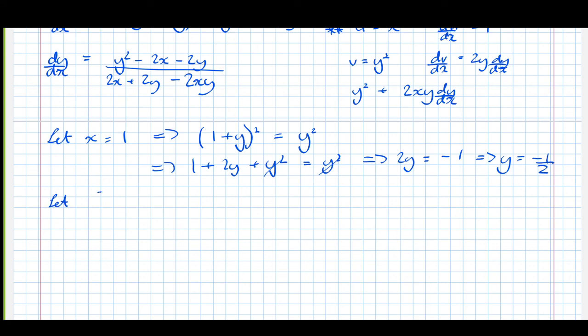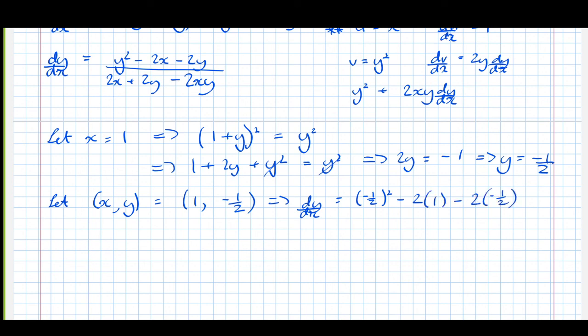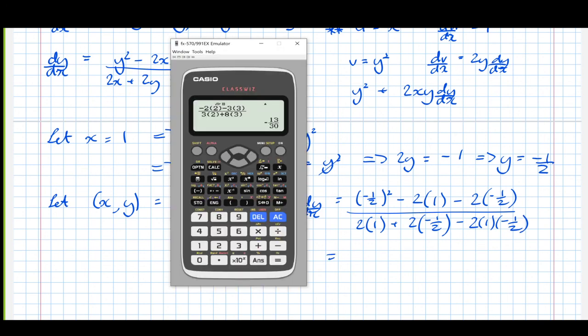So let (x, y) equal (1, -1/2), which implies that dy/dx equals, so minus 1/2 squared minus 2 lots of 1 minus 2 lots of minus 1/2, all divided by 2 lots of 1 plus 2 lots of minus 1/2 minus 2 lots of 1 times minus 1/2, which is equal to, let's put that in the calculator.